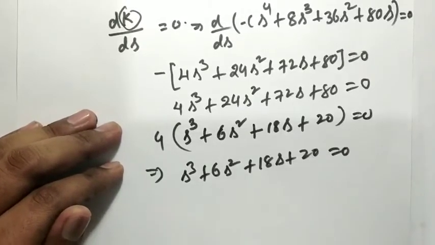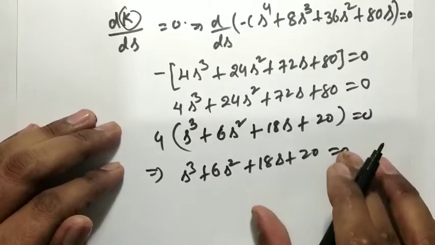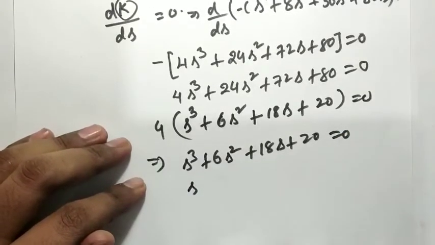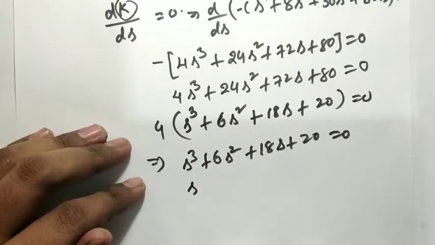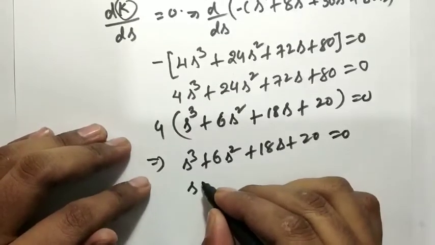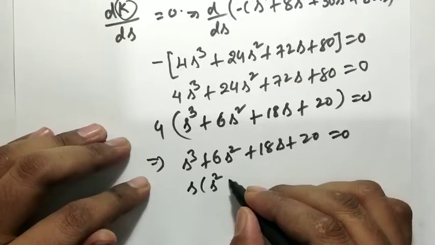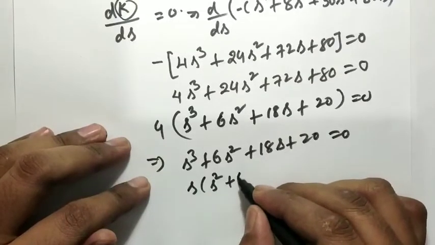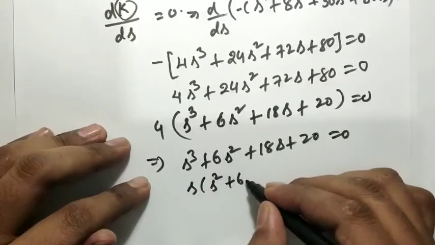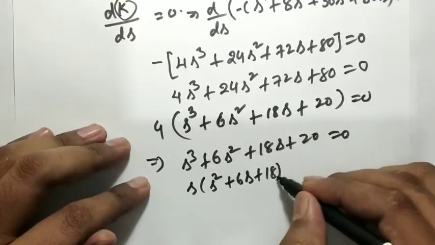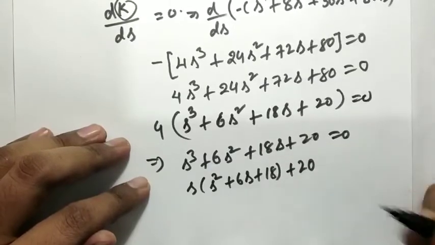Now you have to find the factors for this. I'm going to take s common. So what do you get after taking s common? You will get s square plus 6s plus 18, plus 20.